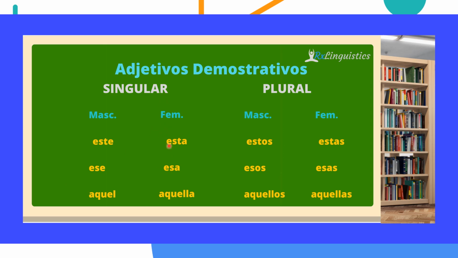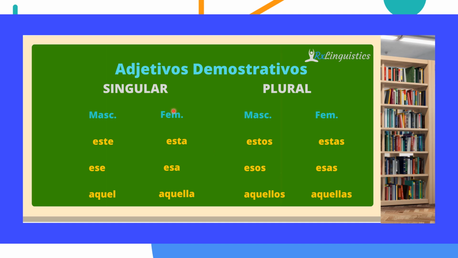Okay. There is a feature called el género, which is gender. In English, there is only biological gender as referred to human beings or animals. But in Spanish, there is grammatical gender that's also attributed to objects.